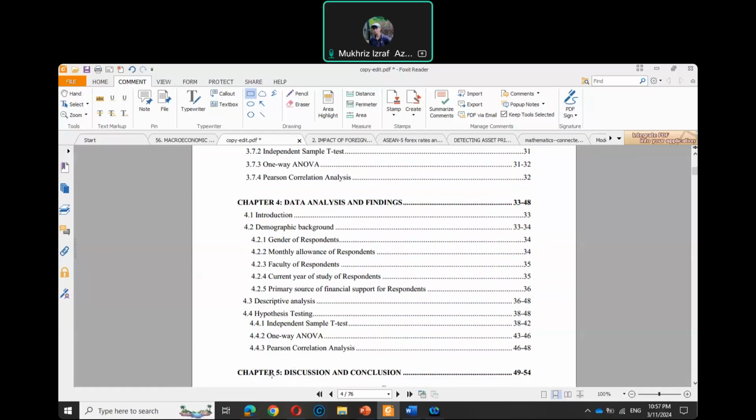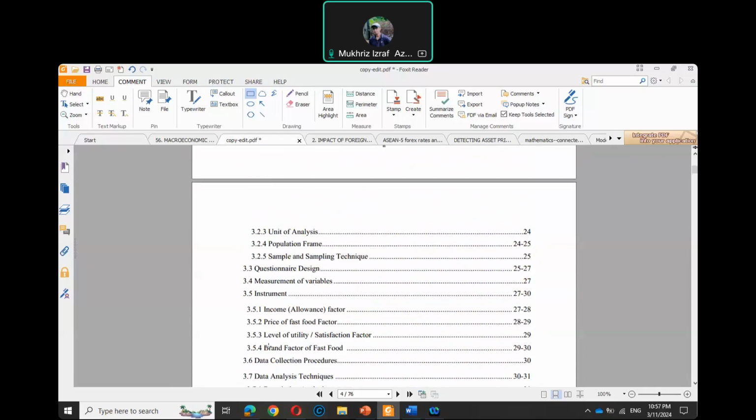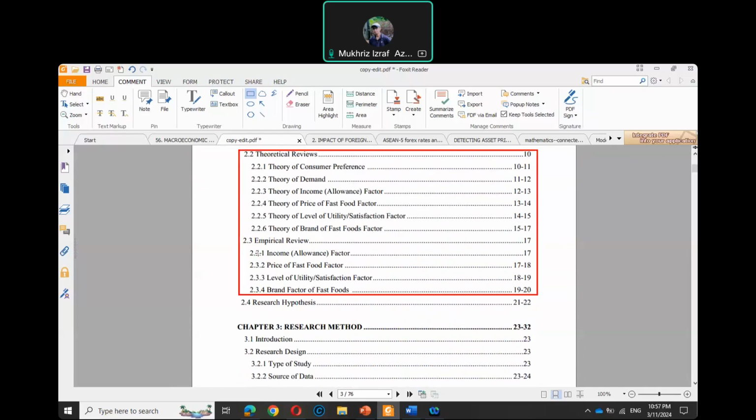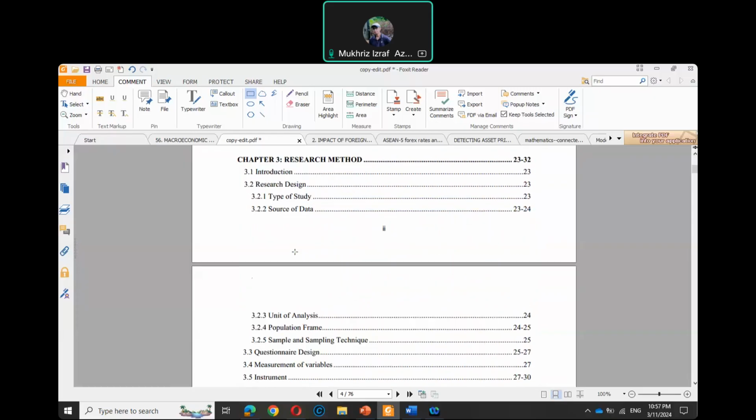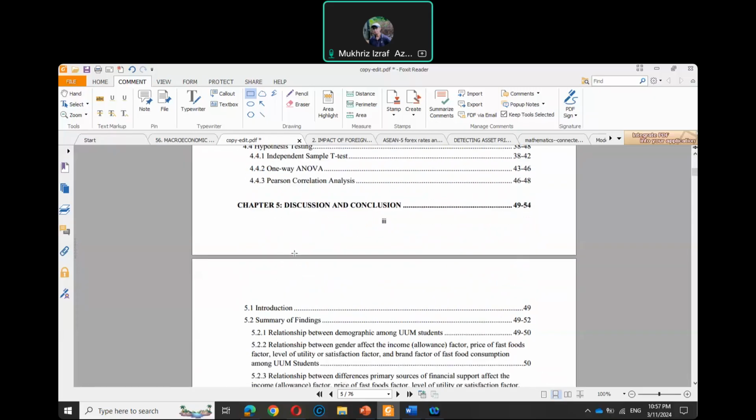Okay, so you need to mention, if it is positive, then you state the finding: our result is similar to the study by Mr. John, for example. John, meaning you have already mentioned him in chapter number 2. So this is where you use chapter number 2 to repeat the necessary things.